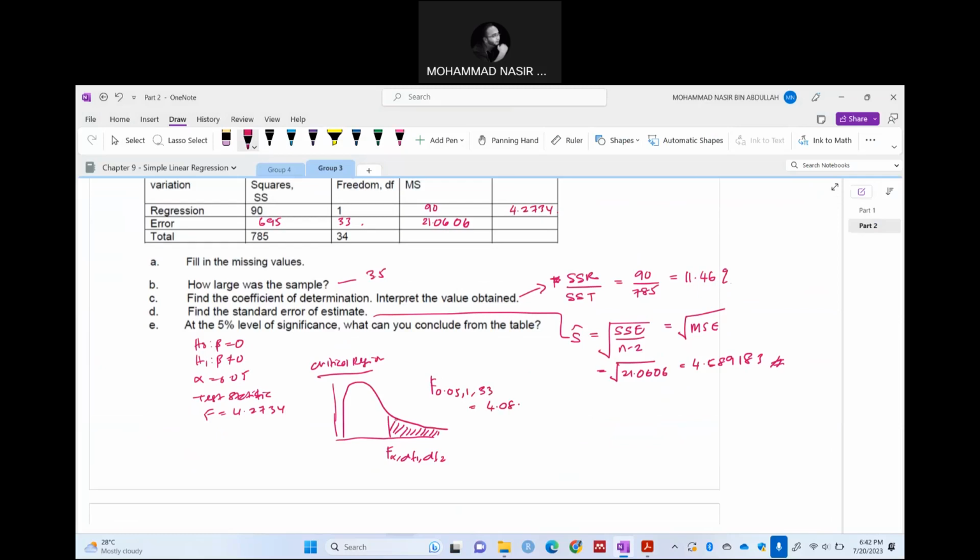Since the calculated F is more than F alpha with these degrees of freedom, the null hypothesis is rejected. So we can conclude that the model is fit for prediction.